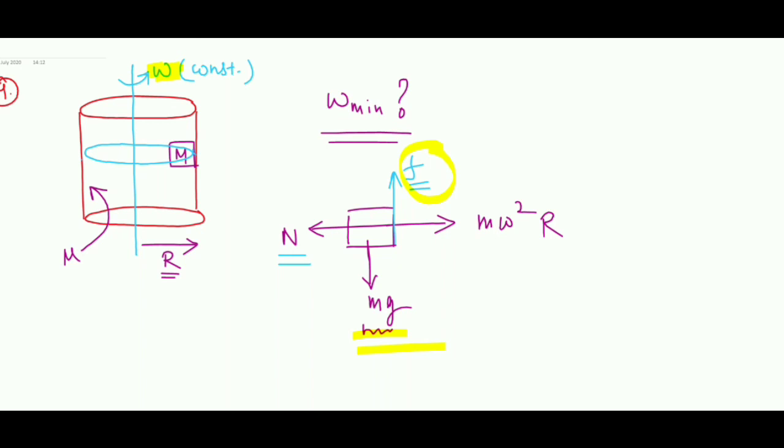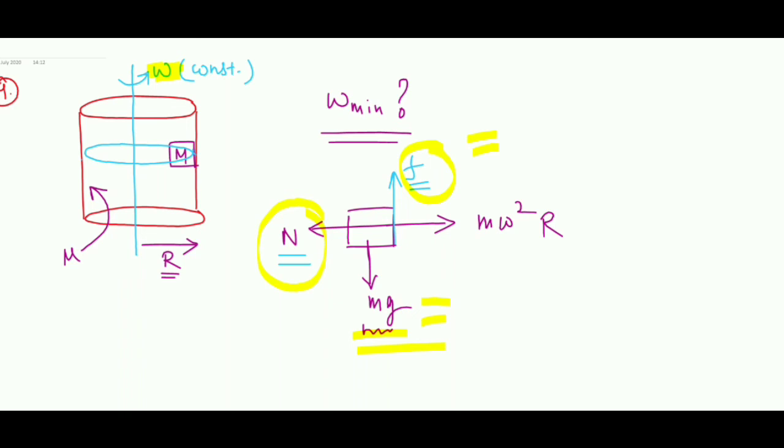If there is sufficient normal force, only then can this mu n, the maximum friction, hold mg. To balance mg, you should have sufficient friction. The maximum force this friction can provide is limited; after this it will give up.